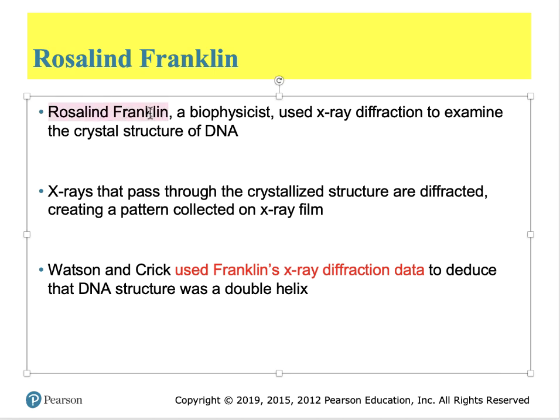One of the most famous was a young American lady working at King's College London, and her name is Rosalind Franklin, and she unfortunately died before the Nobel Prize could be awarded for elucidating the structure of DNA. So she doesn't get that, unfortunately. But her work was very, very important.